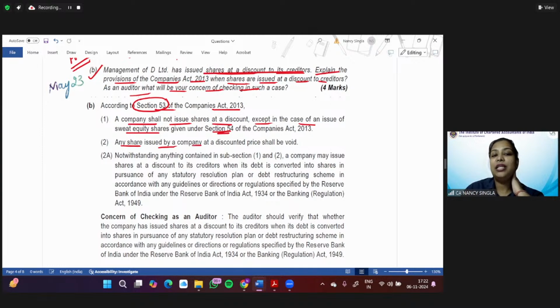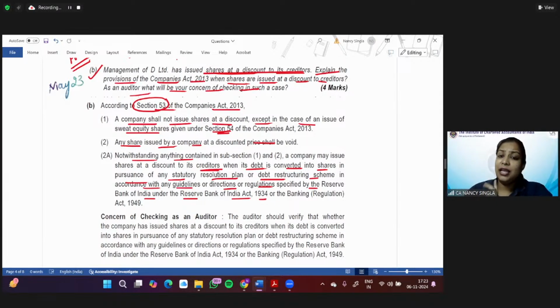Why are we mentioning all this? Because it says explain the provisions of the Companies Act when shares are issued at a discount to creditors. Any share issued at a discount shall be void. Notwithstanding anything contained in 1 and 2, a company may issue shares at a discount to its creditors when its debt is converted into shares in pursuance of any statutory resolution plan or debt restructuring scheme in accordance with any guidelines or directions or regulations specified by the Reserve Bank of India under the Reserve Bank of India Act 1934.